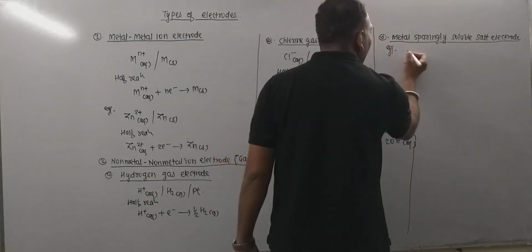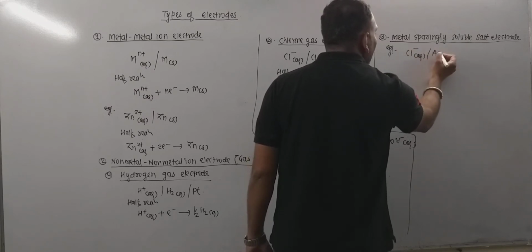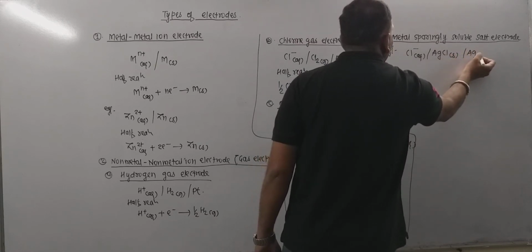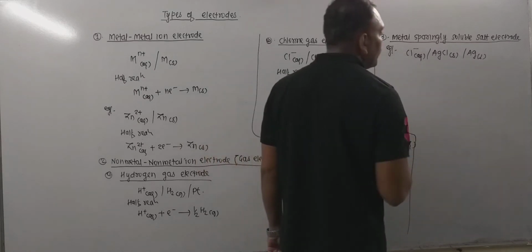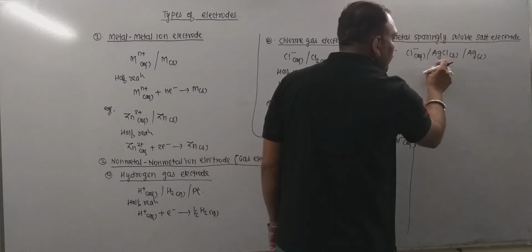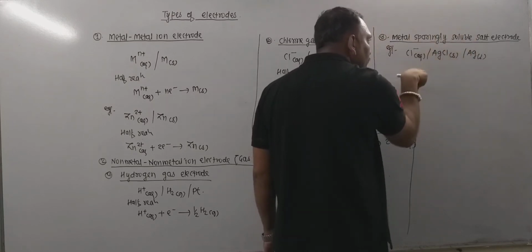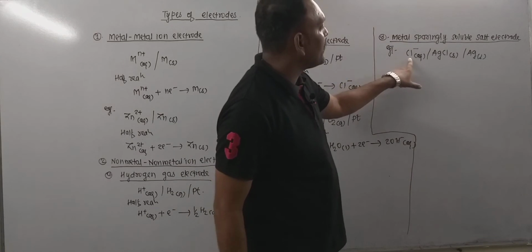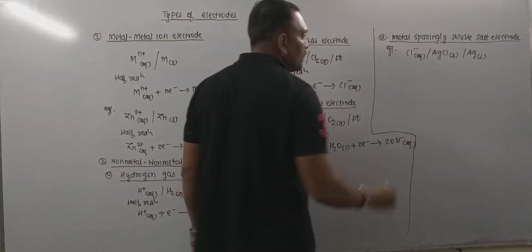One of the finest examples of it is Cl-, single vertical line, AgCl solid, single vertical line, Ag solid. So this is one of the finest examples. What we are doing here is that silver is coated by AgCl and that coated electrode is immersed in a solution having Cl- ions. The Cl- ion is the anion which is present in our sparingly soluble salt.